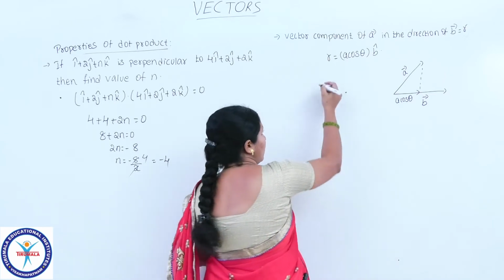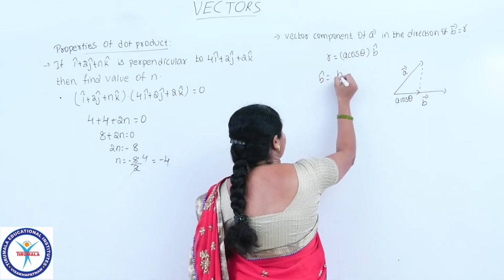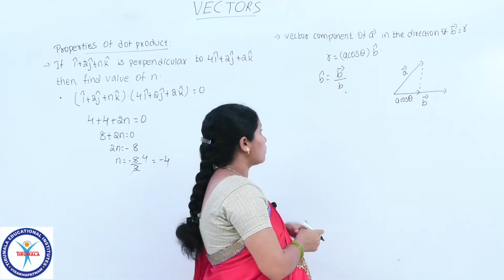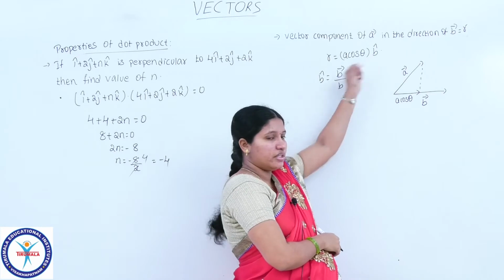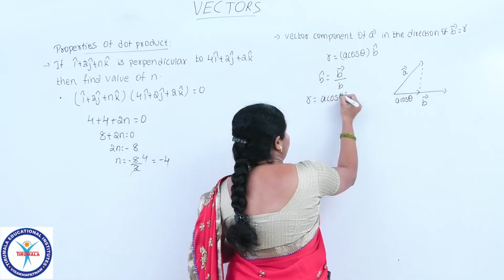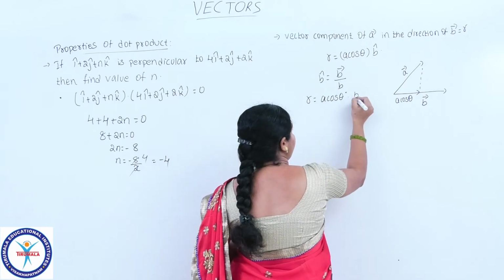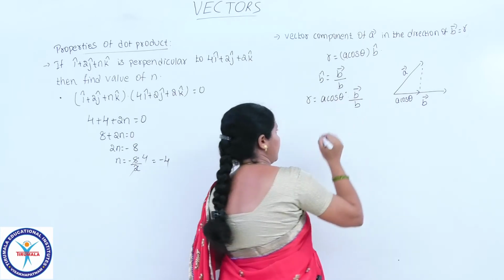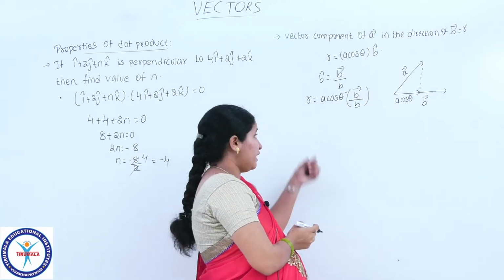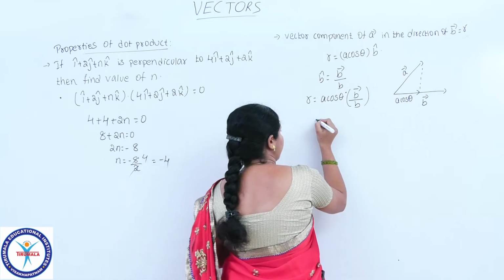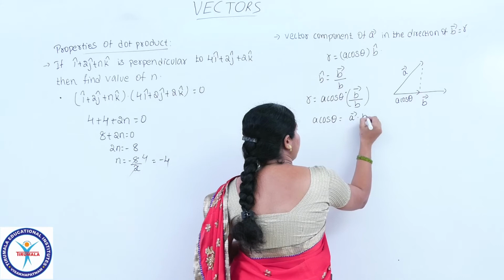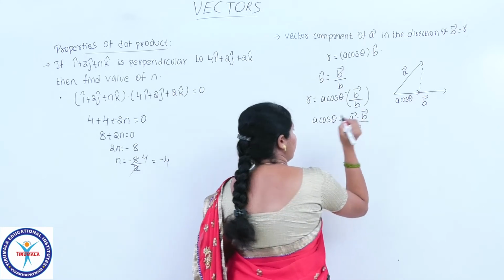Already we know b cap is equal to b bar by modulus of b. So substituting the b cap value here, we get r equal to a cos theta into b bar by b. So we can write a cos theta as a bar dot b bar by b.